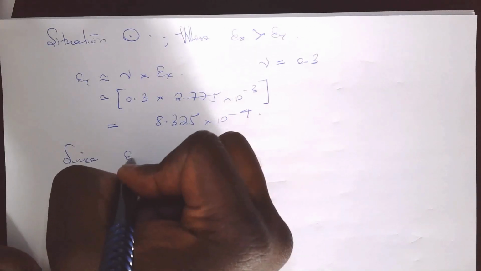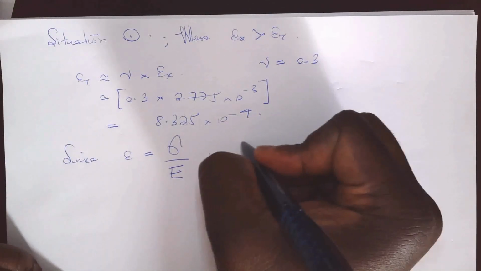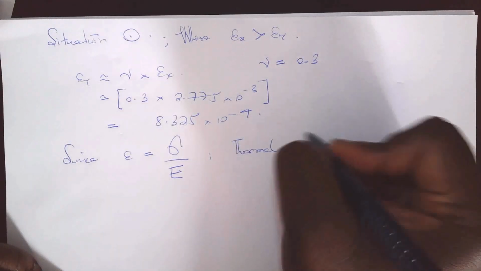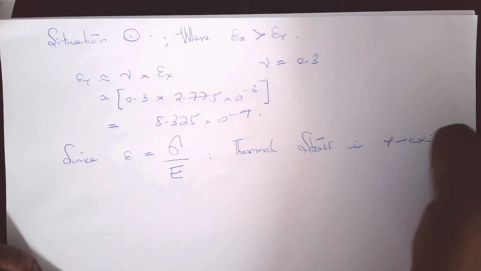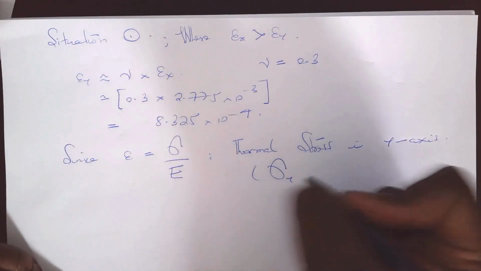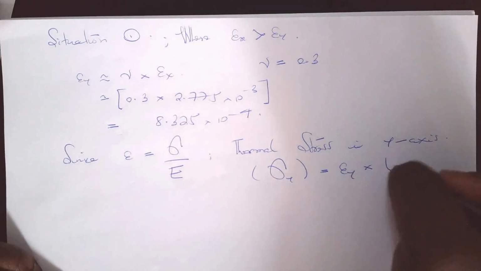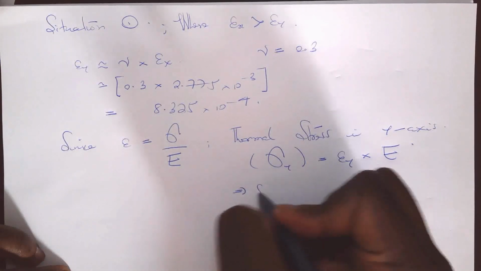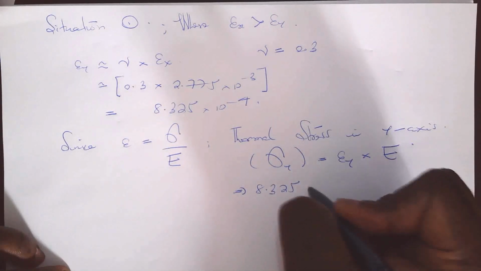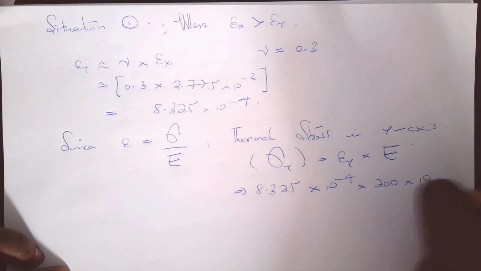Since strain is equal to stress divided by E, then we can assume that the thermal stress in the y plane, the y axis, let's call that sigma y, is equal to epsilon y times E. So this becomes 8.325 times 10 to the power minus 4 times 200 times 10 to the power of 9.